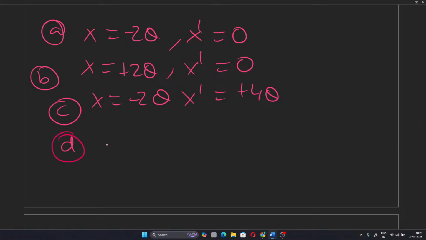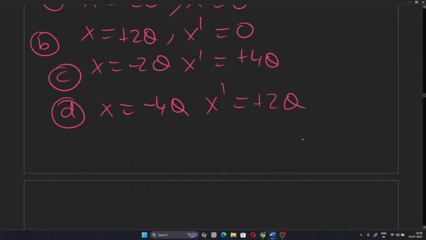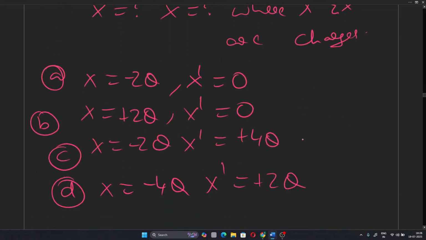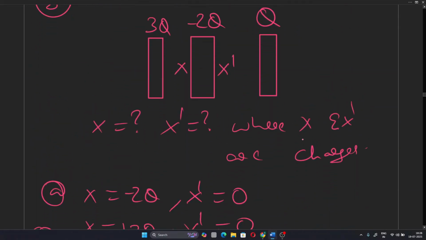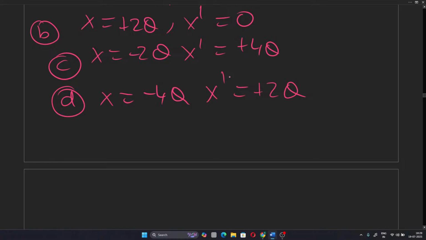D, x equals minus 4q and x dash equals plus 2q. Let's go with the elimination method first. Now let's go from the last, where they're saying this charge developed will be positive. That will not be the case.